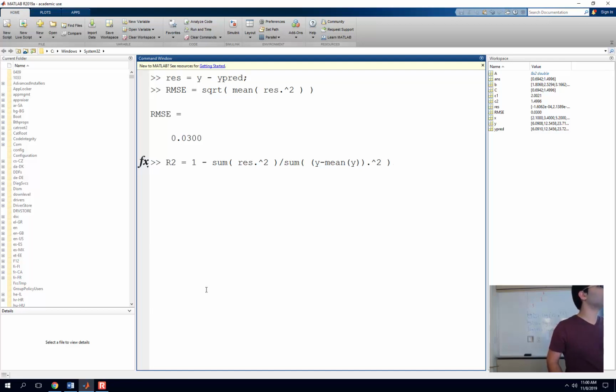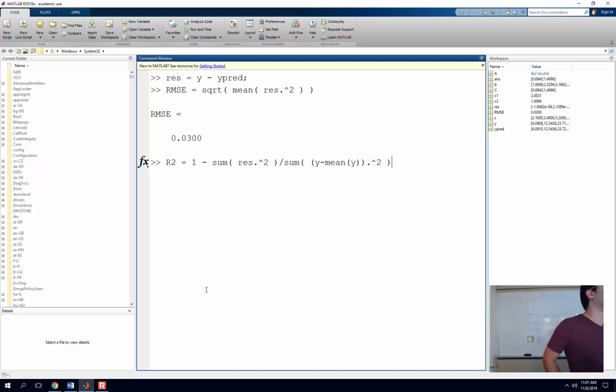What were the ranges for RMSE? What was the range for root mean squared error? What's the minimum value? You're saying it, Lucas. I just said 0. 0 is the minimum value for RMSE. What's the maximum value for RMSE?